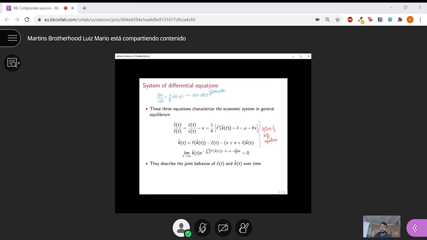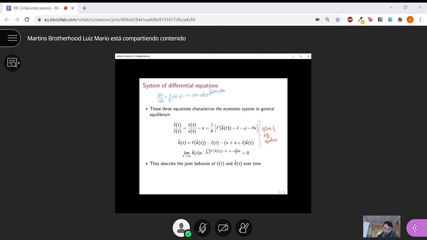Yes, Pablo. And then we should plug that result into the second equation and do the same process to find k hat dot. That's a great question, Pablo. You could solve this, plug it here, and you would have c hat of 0, and you also would have f prime of k hat here.